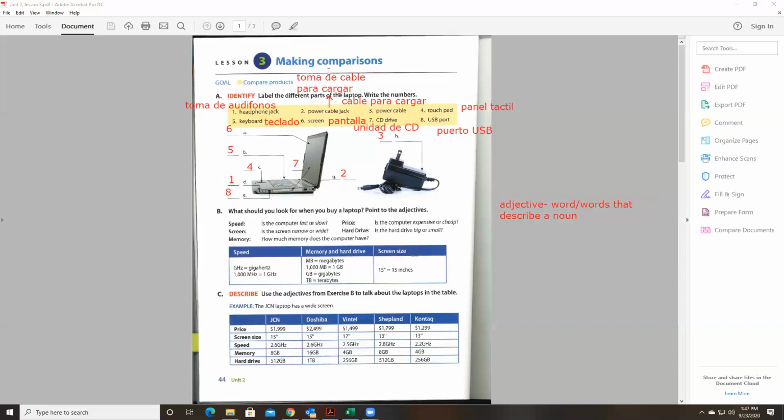In this case, our noun is the laptop. What are the adjectives that we use? Right here we have fast or slow, narrow or wide, expensive or cheap, big or small.